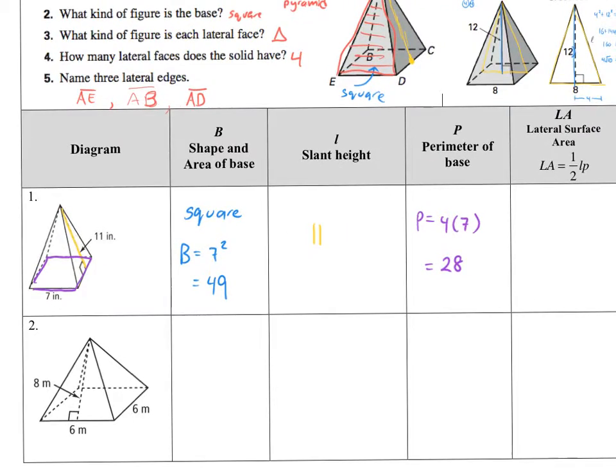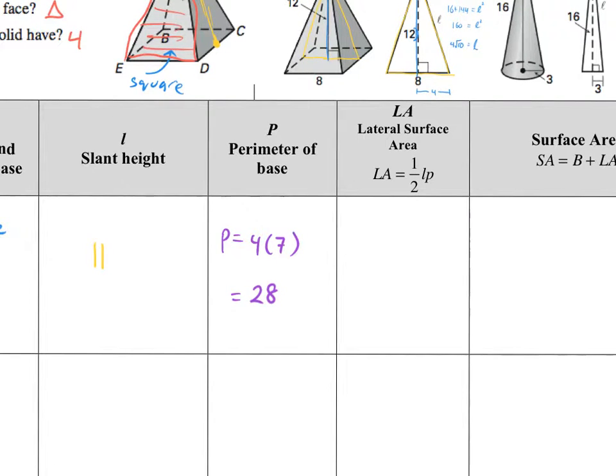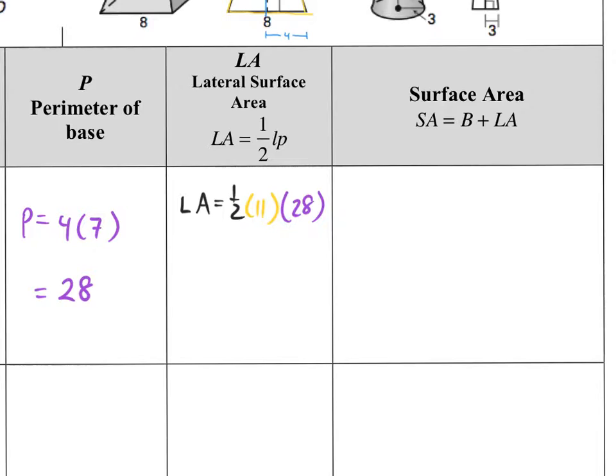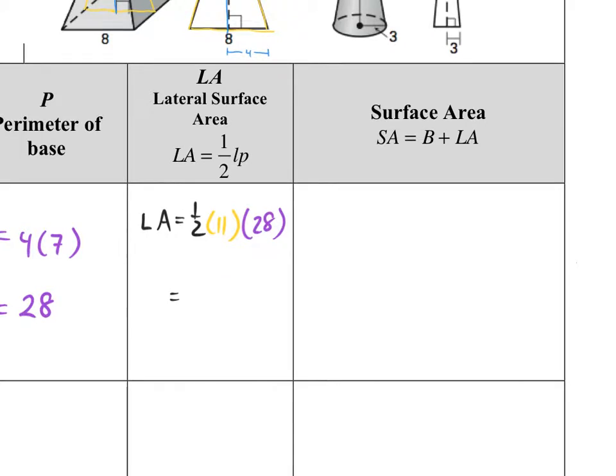Penultimately, in order to find the lateral area, I'm going to substitute in the 11 slant height, and the perimeter being 28. Multiply those together. And I get 154 square inches in this case.